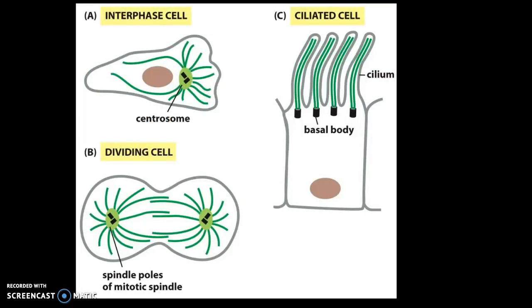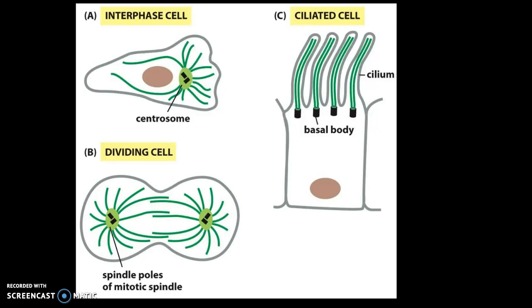And microtubules are important in several cellular functions, like they give the cell structure. They are the superhighway system that motor proteins are walking down to deliver vesicles from one part of the endomembrane system to another.